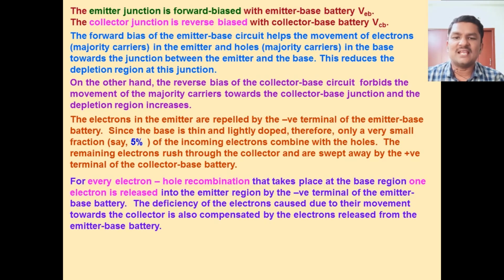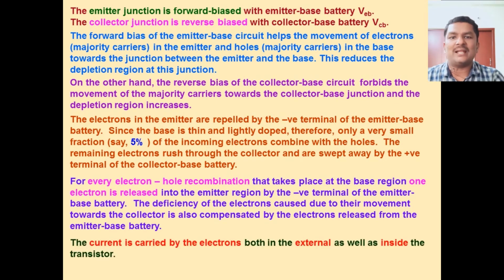So if it is lightly doped, only a few of the electrons from the emitter can combine with holes, and the remaining electrons rush through the collector and are attracted by the positive terminal of the collector-base battery.